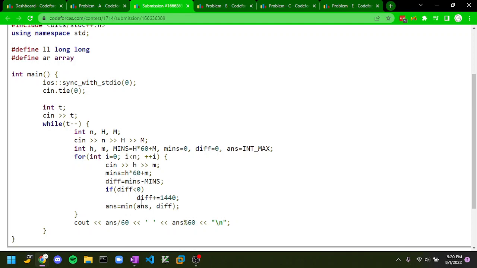And if that number is negative, which is that test case with the 10 p.m. one and the 3 a.m. one, then you add 24 hours or 1,440 minutes.